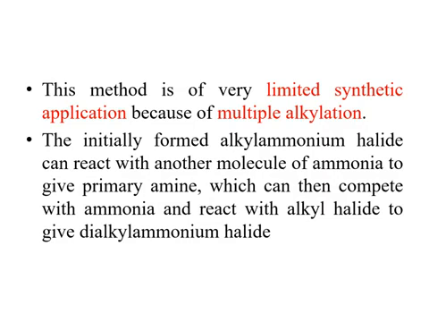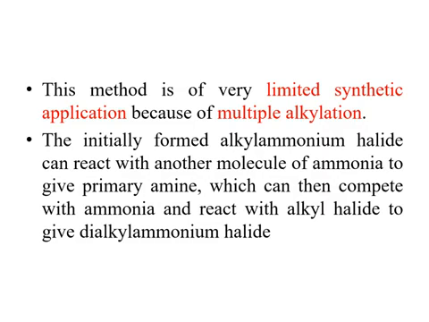Both of these species will be reacting at a time with alkyl halide, and from ammonia we shall get a primary amine, but from alkyl ammonium halide we shall obtain secondary amines. In the same reaction medium, the dialkyl ammonium halide produced will also act similarly, just like ammonia.